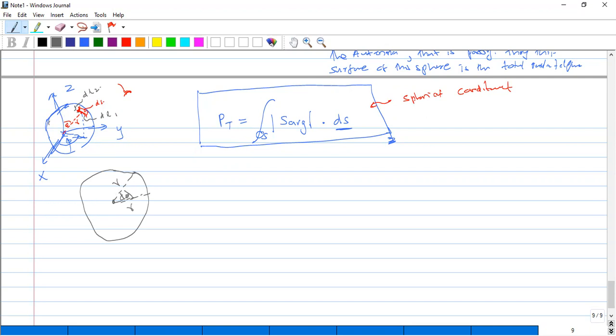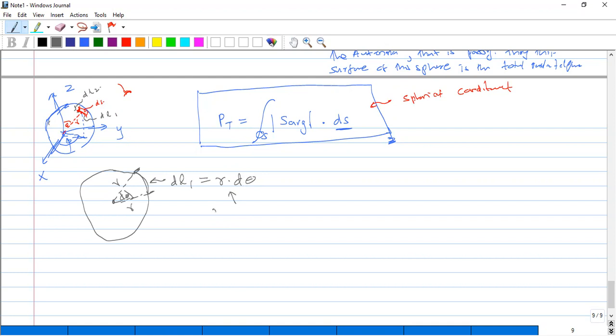Then what is the length of this part, which we have put as dl1? That is r d theta.